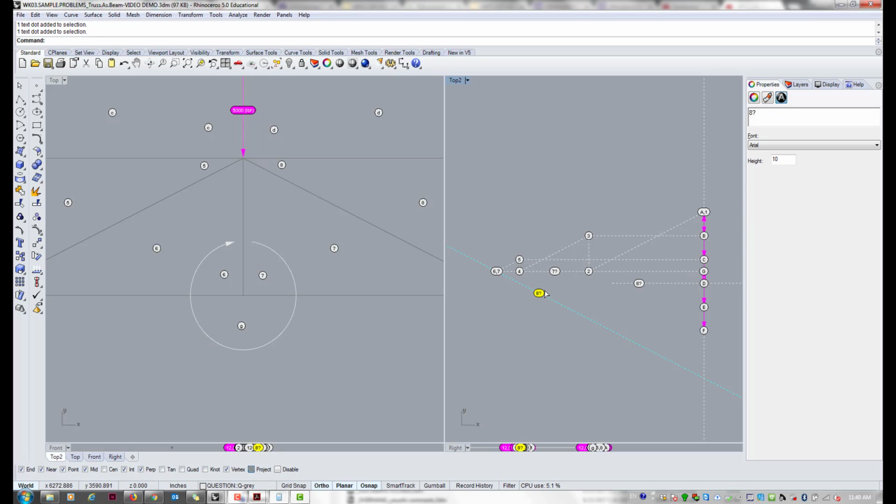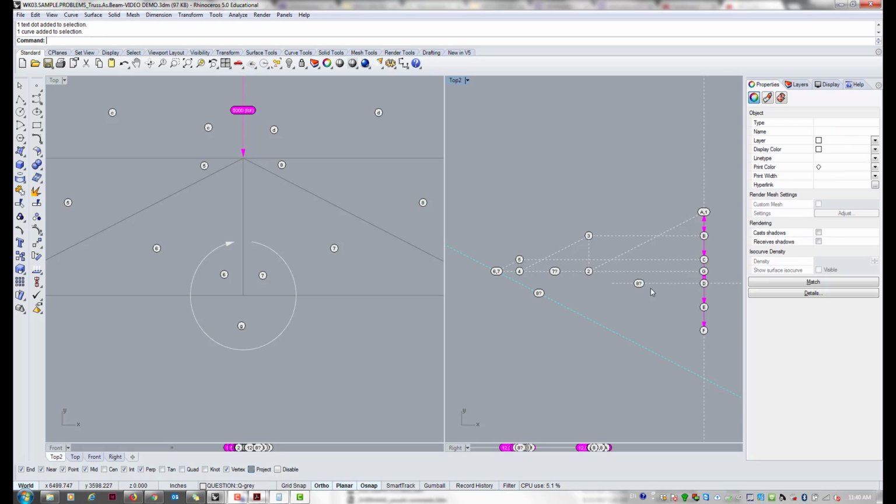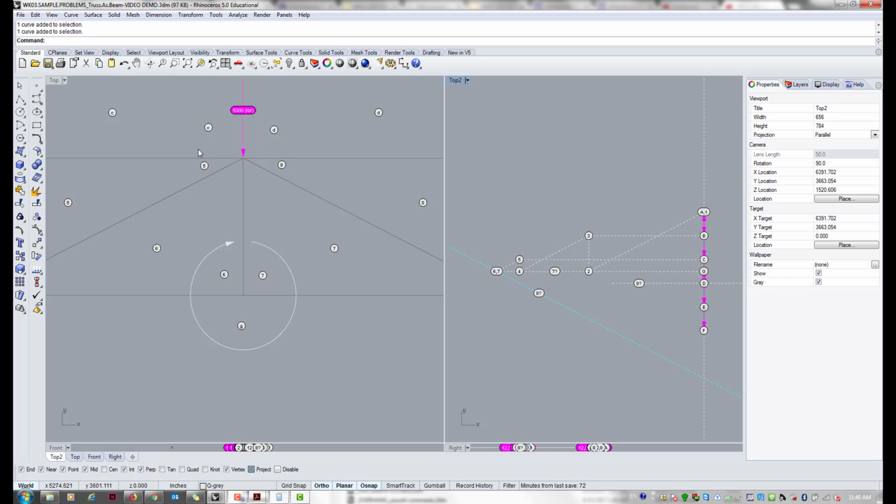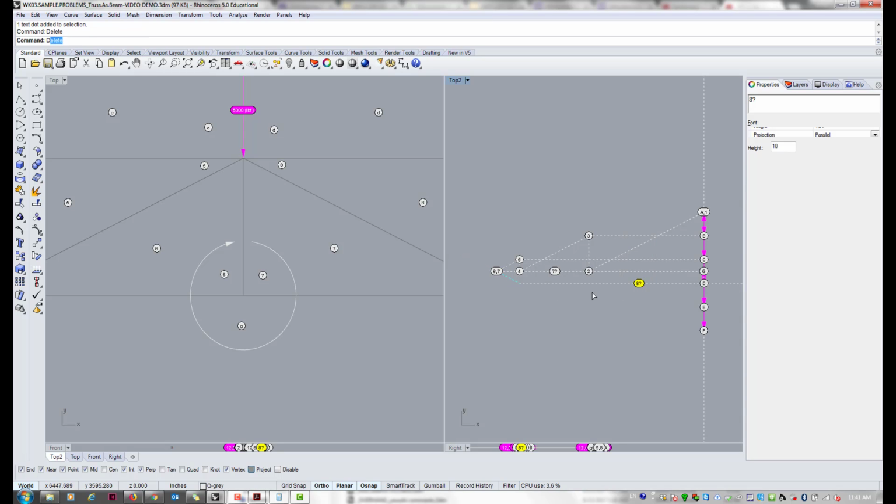Point 8 is going to be somewhere on this diagonal, but we knew also point 8 was going to be on this horizontal somewhere. So the only possibility is the intersection between these 2. And that point is going to be point 8.